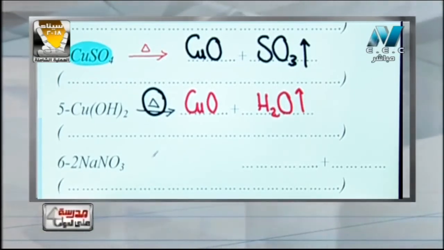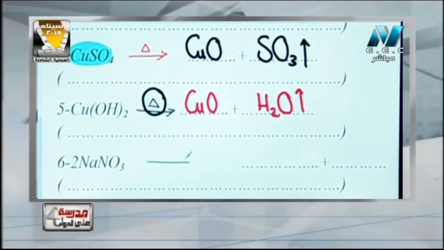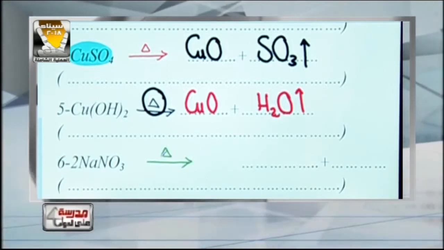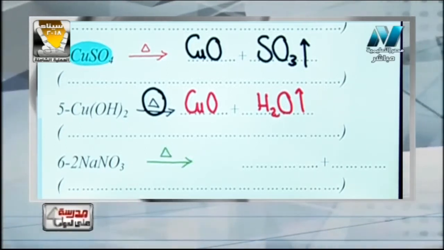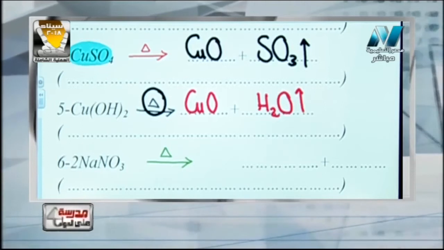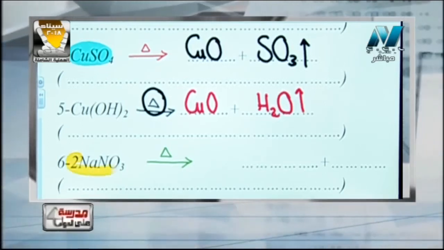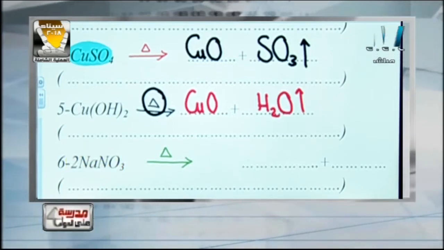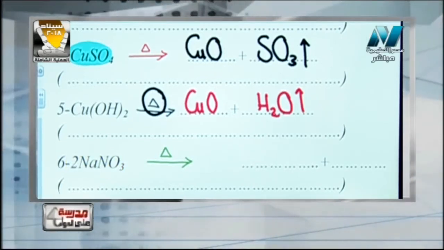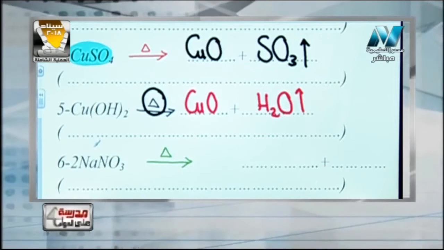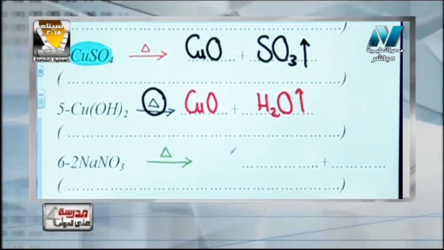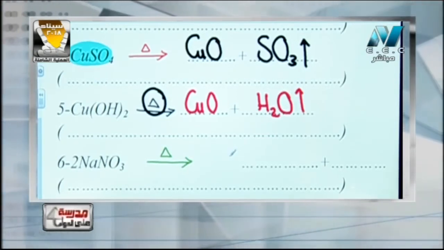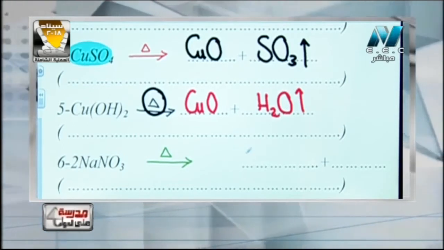The last one from the thermal decomposition reactions: here we have sodium nitrate, and its color is white. Sodium nitrate changes into yellowish white by heating. But sodium is a monster. Sodium takes all atoms and just leaves one oxygen molecule.